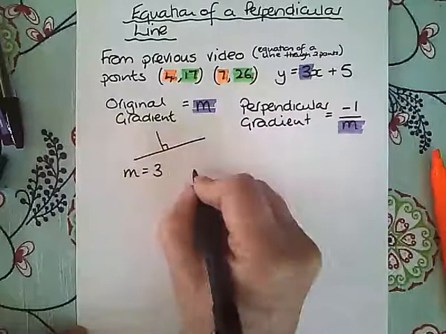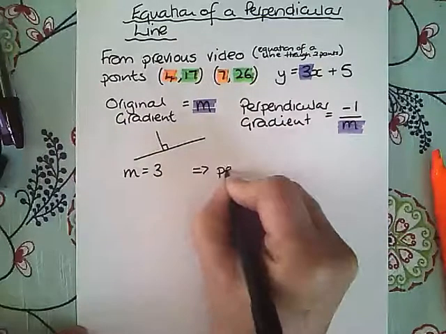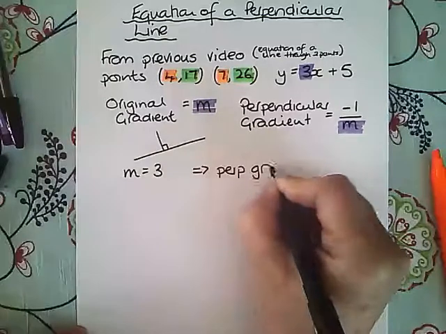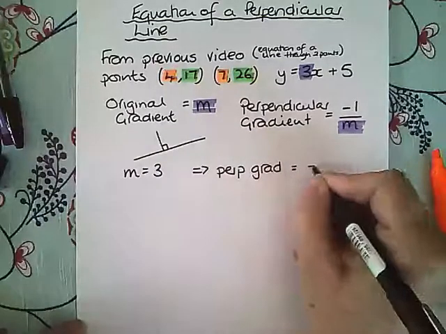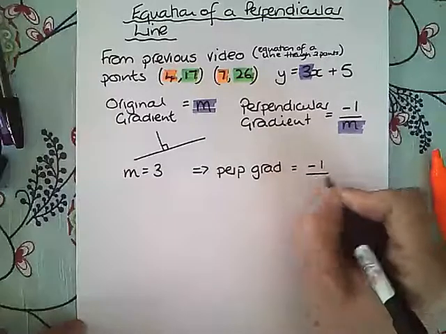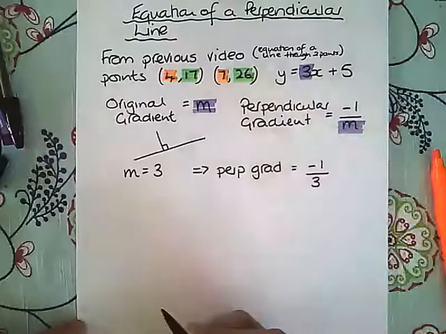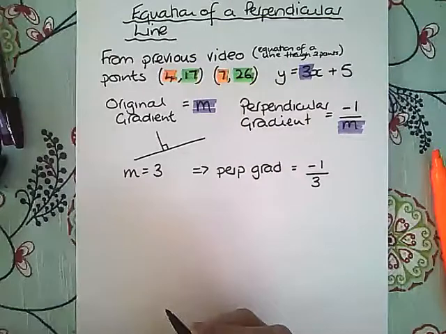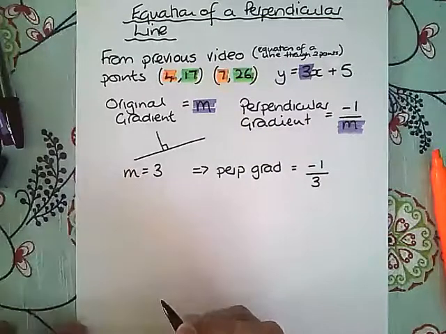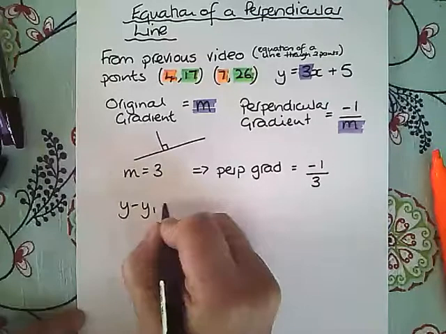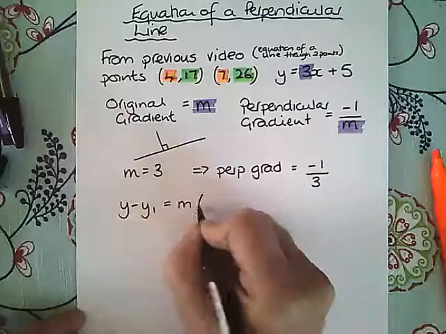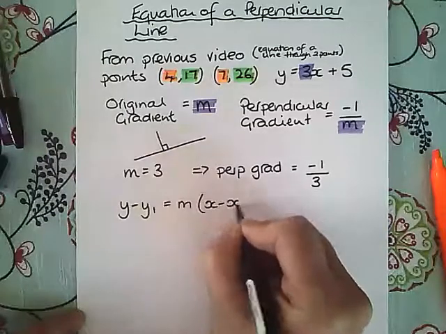That means that the perpendicular gradient, I'm just going to abbreviate it, perpendicular gradient is going to be equal to -1 over 3. Then we substitute it back into that equation that we had for finding the equation of a line between 2 points. y minus y1 is equal to m brackets x minus x1.